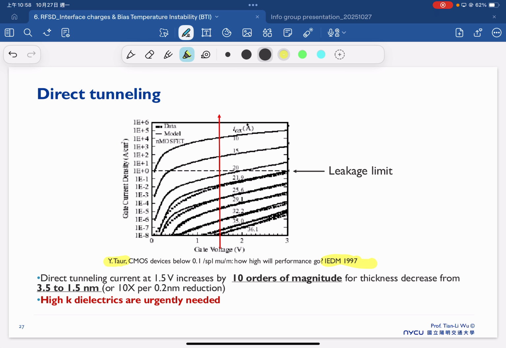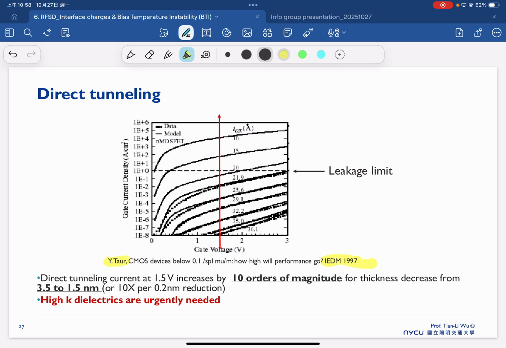If you have seen his book, he has a very famous book talking about MOSFET scaling. At the time, I believe as I remember in 1997, he was still at IBM, so he already published a paper to talk about the issue of dielectric scaling, shown here.